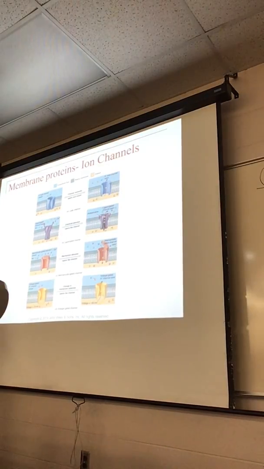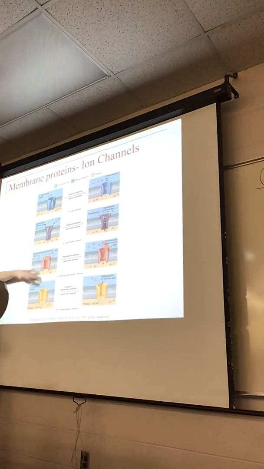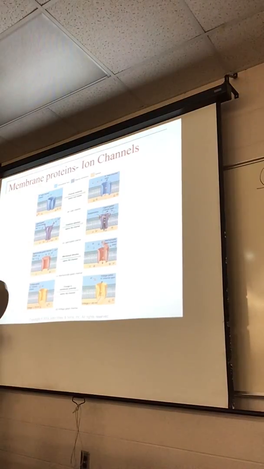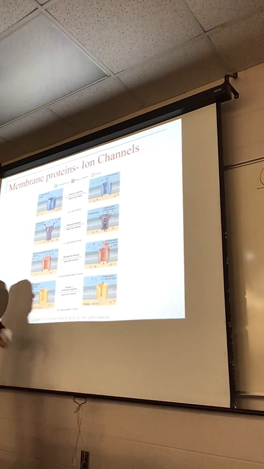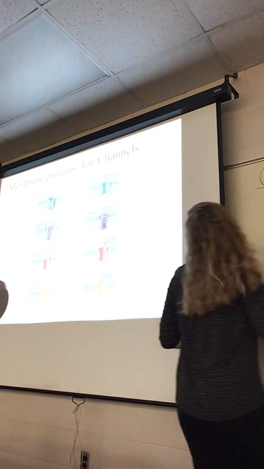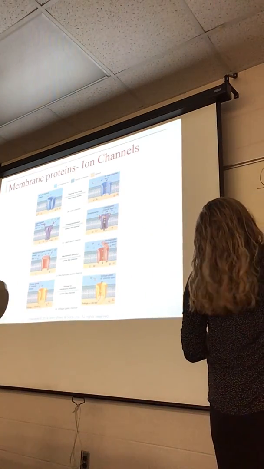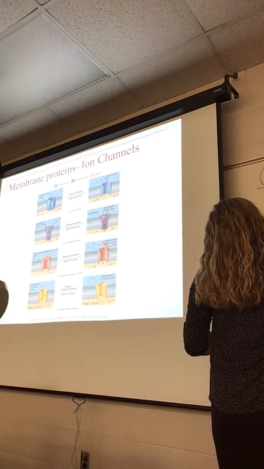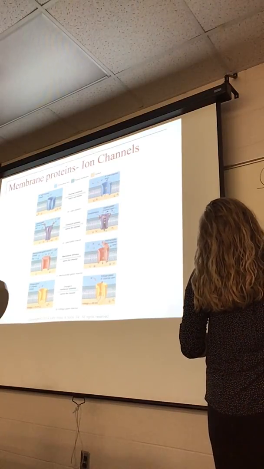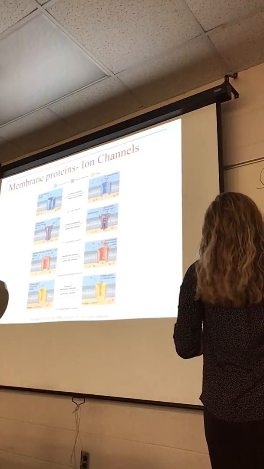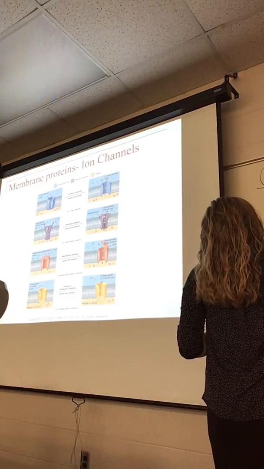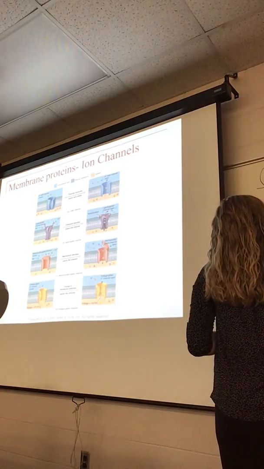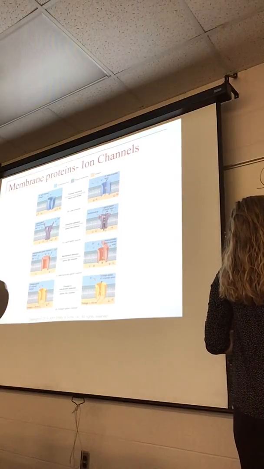What this is showing are 4 different types of ion channels based on what makes them open. So I'm going to write the names of them here. The top one, we have a leak channel. The second picture, we have a chemically gated, also known as a ligand-gated ion channel.